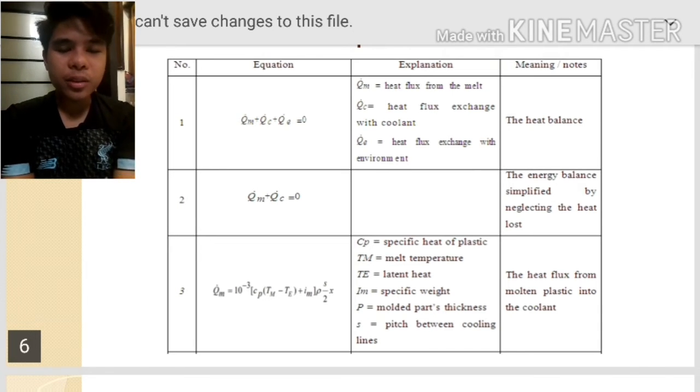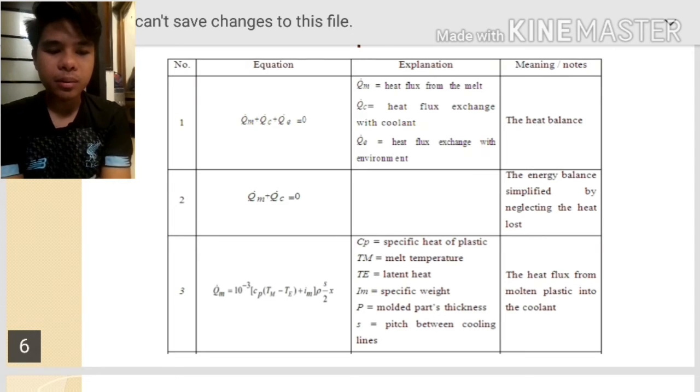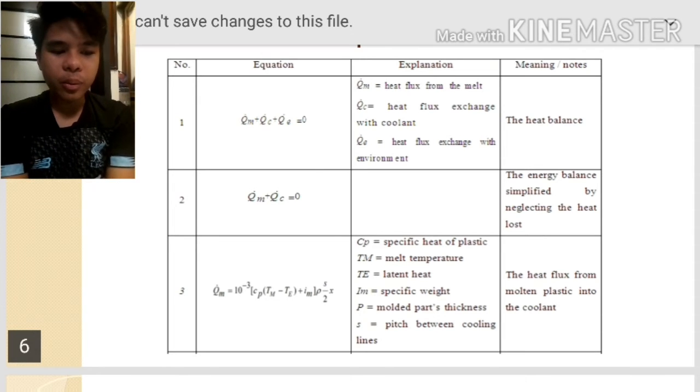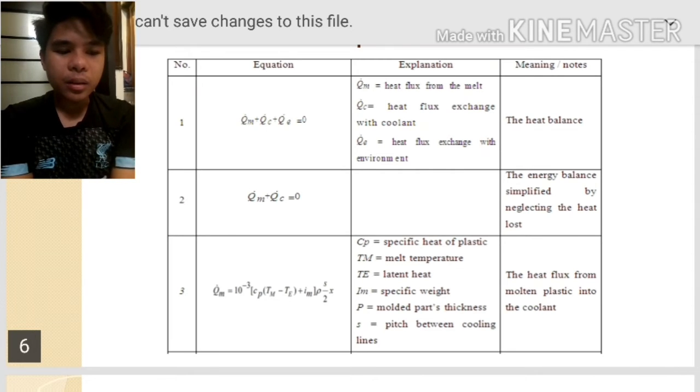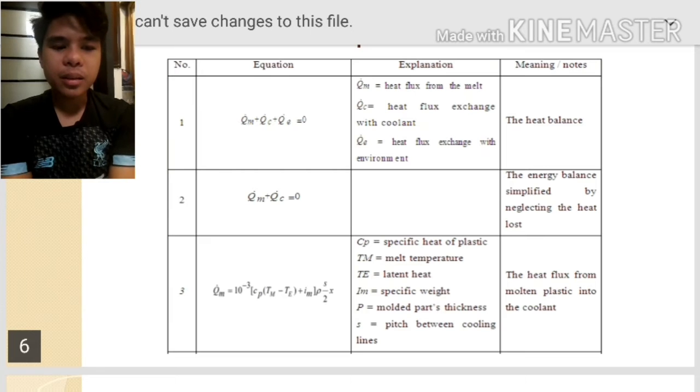Then is the heat flux from the molten plastic into the coolant, which the formula is Q dot M equal to 10 to the power of negative 3 times Cp times Tm minus Te, and then plus Im, and then multiplied by P S over 2x multiplied by x.